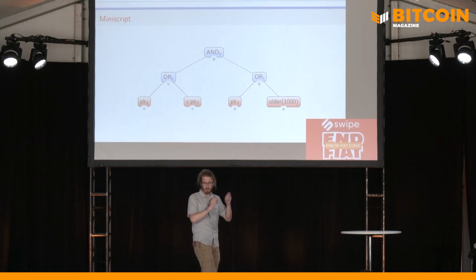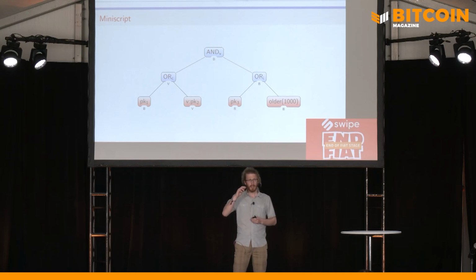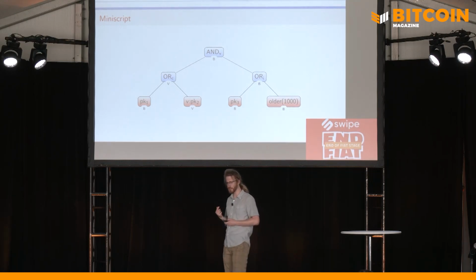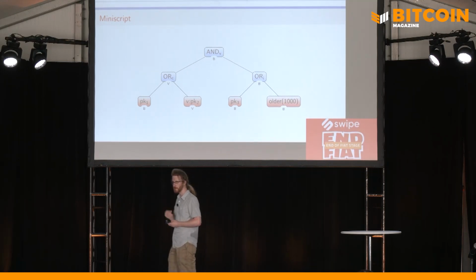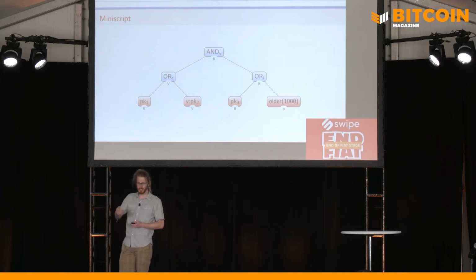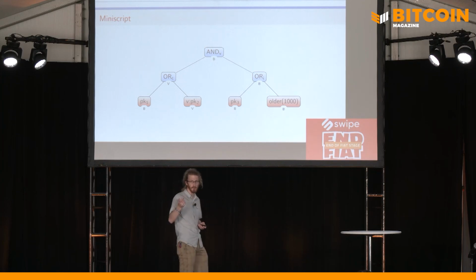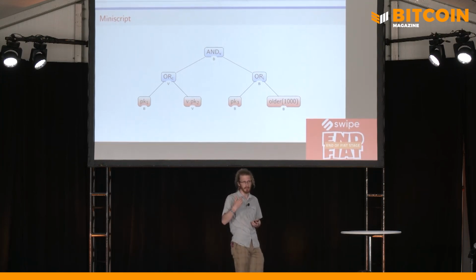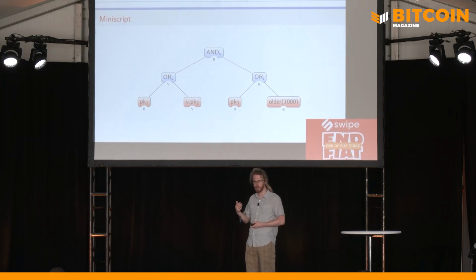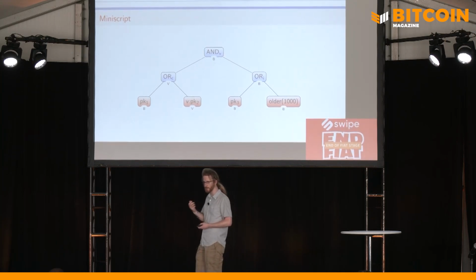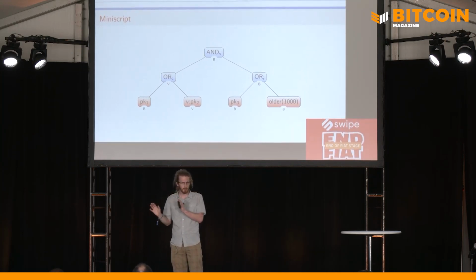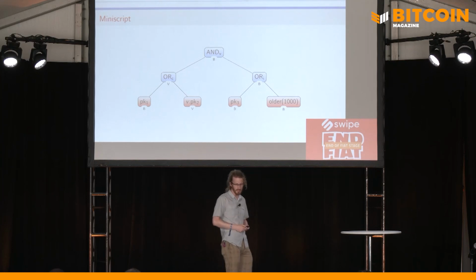First off, you've got a choice of PK2 or PK1. And in addition to that, PK3 needs to sign initially. But after the coins are 1,000 blocks old, then you get this other option. You can take the older 1,000 branch, and the coins can move without PK3. So PK3's job is to react quickly and help move the coins. And after 1,000 blocks, presumably he's done something wrong and he's out, is the idea here.